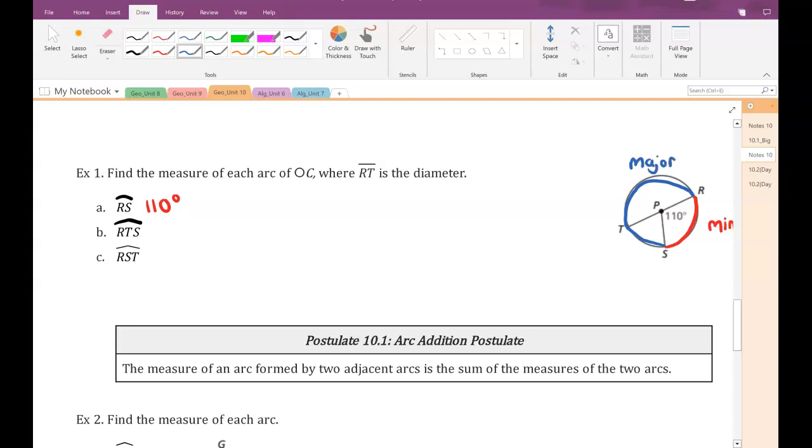And how I find that is I take 360 degrees, the whole circle all around, take off the measure of my related arc, which is the minor arc. So I'm taking off 110 degrees. So that would leave me with the measurement of my major arc would be 250 degrees.